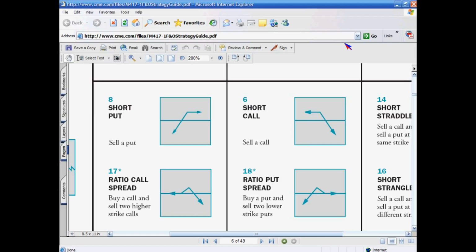In other words, if the deep in the money call was worth $11 and the futures were trading at 100, the actual bid and ask might be 2 ticks under that $11 and 2 ticks over. It's kind of complicated in bonds.